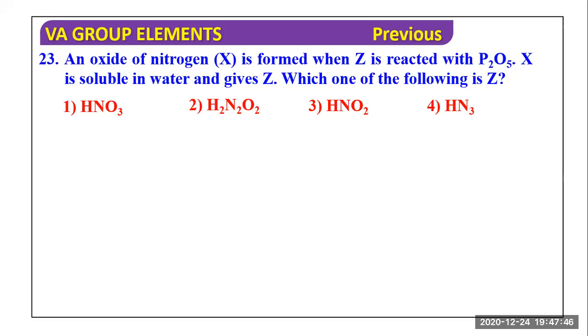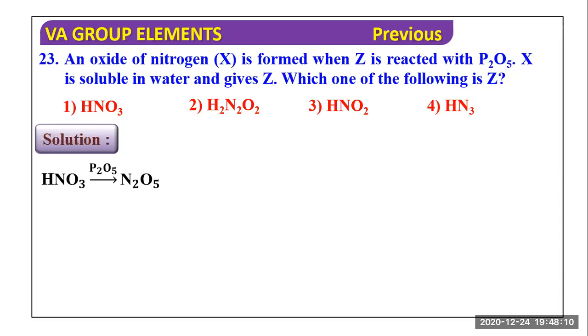Option 4 is hydrazoic acid, N3H. So which one is the correct? Nitric acid reacts in the presence of P2O5, it gives N2O5. So this is the reaction. So option 1 is the correct answer.